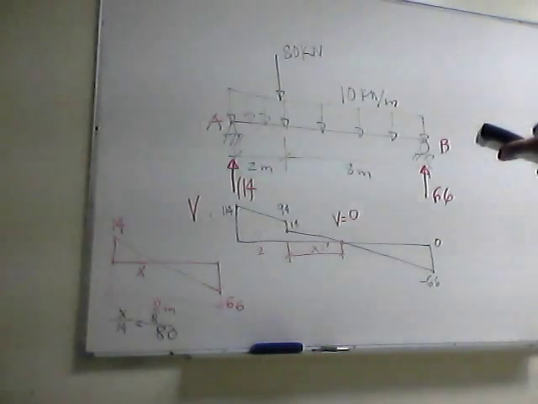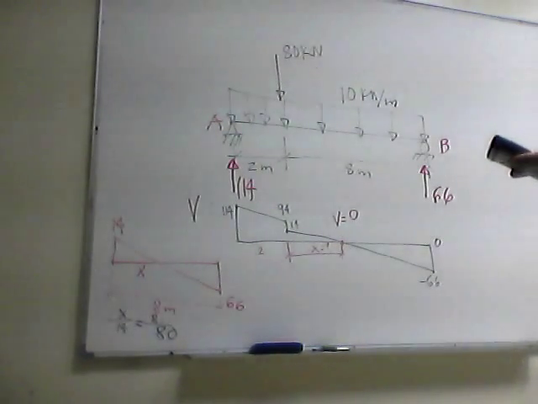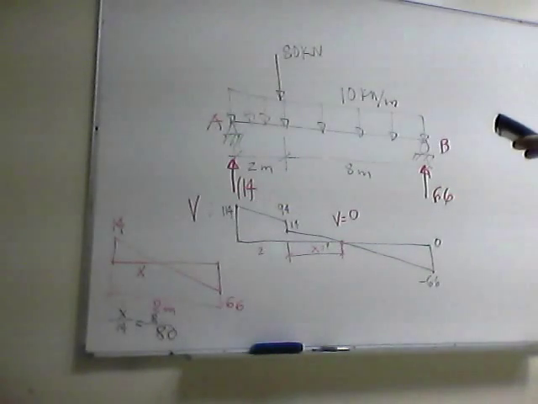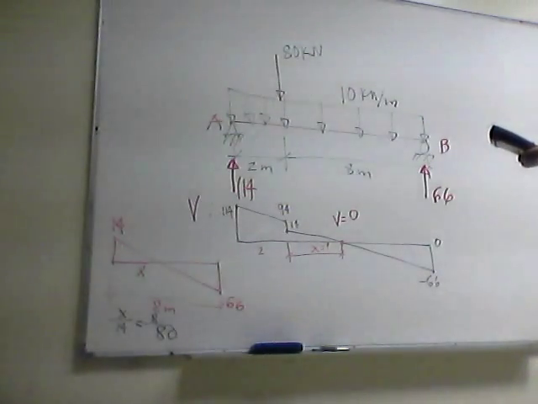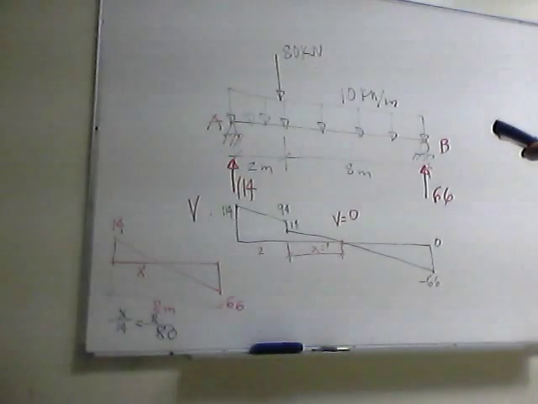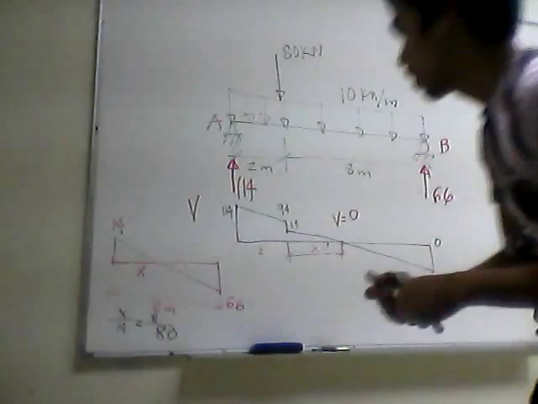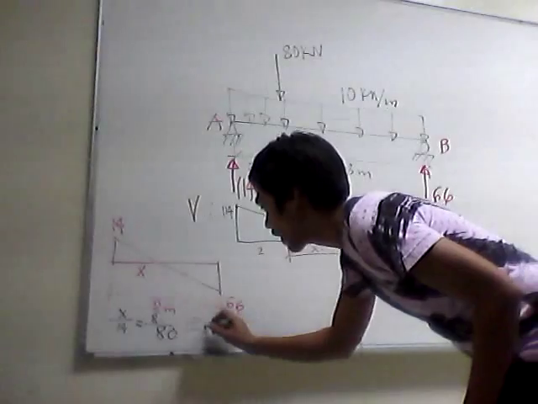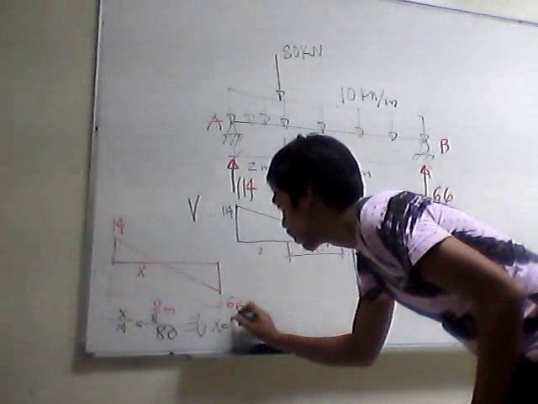Let's check, 14 times 8 divided by 80. That will give you the value of x as 1.4.